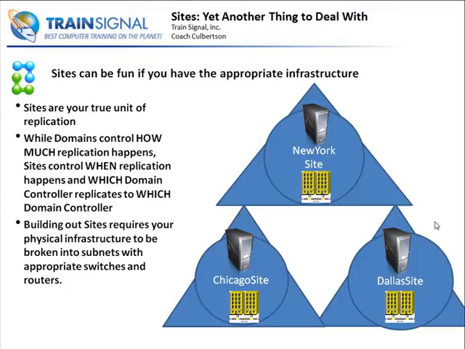So if you're going to be utilizing different geographical locations as well as different domains, your physical infrastructure has to be in place first. Once your physical infrastructure is in place, then you need to also utilize in Active Directory subnets and subnet objects in Active Directory. And that's something that already you should be familiar with from your days of learning Active Directory.